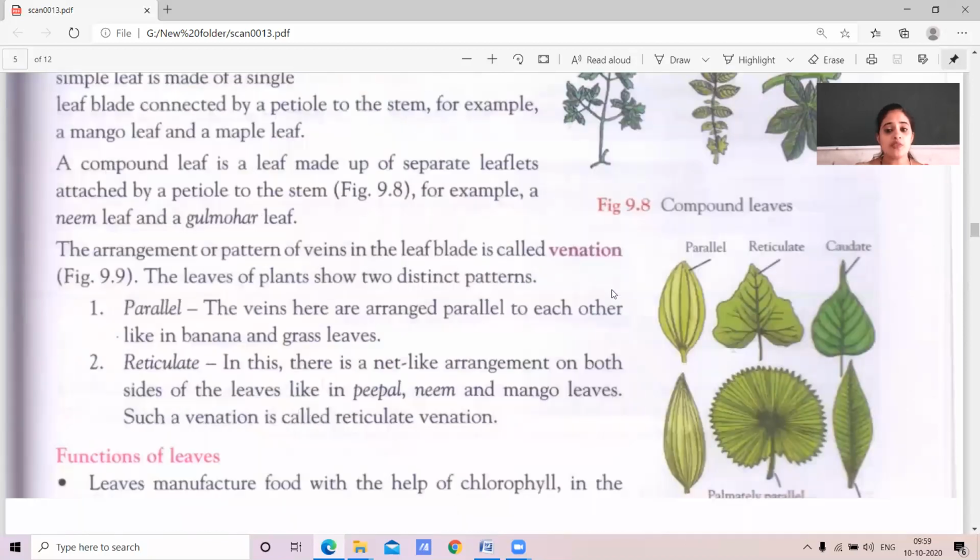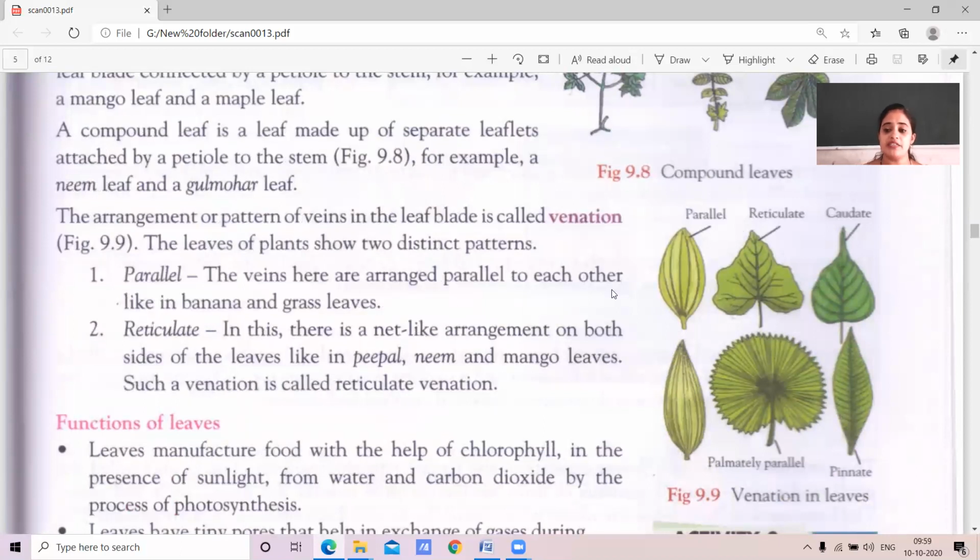Okay. How are the leaves arranged? Yes. The arrangement or pattern of the veins in the leaf blade, we call venation. There are two types of venation we can see, children. It is parallel venation and reticulate venation.